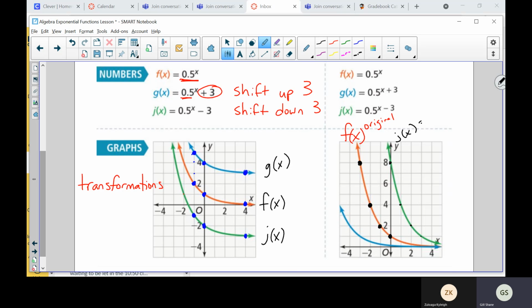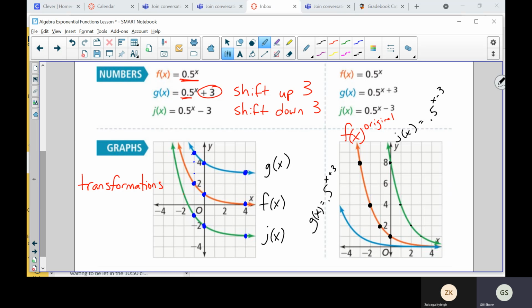So I guess I'll write that 0.5 to the x, and then we just subtract 3 from the exponent. This blue line is actually adding to the exponent. So that's the g of x equals 0.5 raised to the x plus 3. So there we're adding 3 to the exponent.